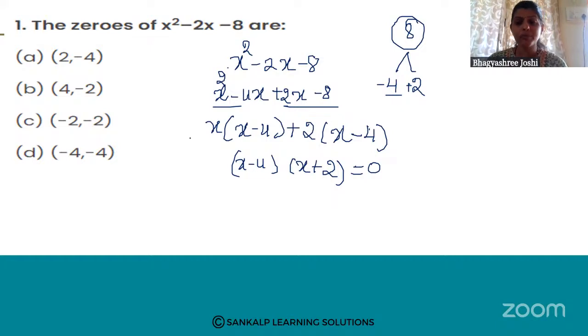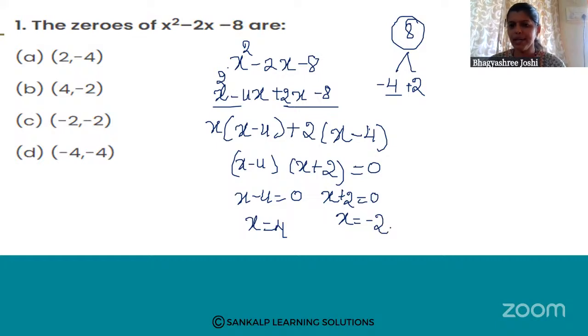So now we want zeros. For that, we will equate these factors to 0. x minus 4 equal to 0, x plus 2 equal to 0. x is equal to 4, x is equal to minus 2.